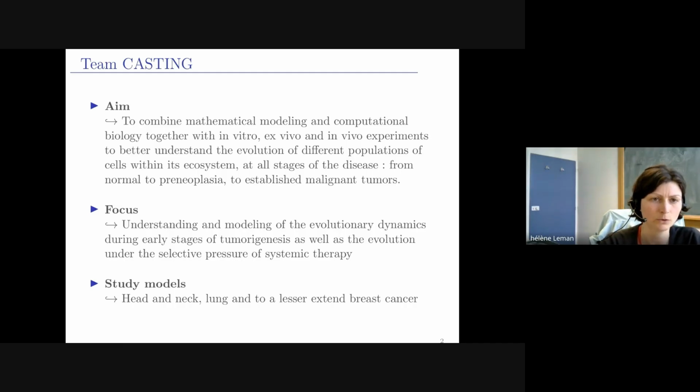Our aim is to combine mathematical modeling and computational biology with experiment to understand the evolution of cancer cell populations with two particular focuses: first, the early stages of tumorigenesis, and also the evolution under selective pressure of treatments. And we focus particularly on head, neck, and lung cancer.